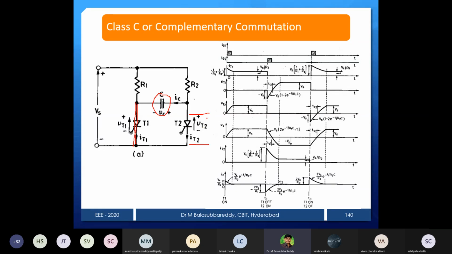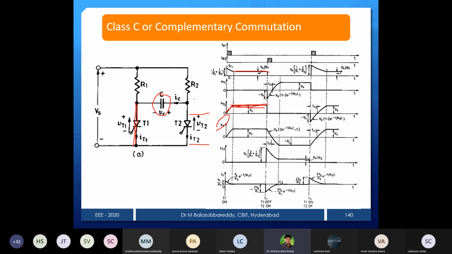So initially that voltage will be 0 and gradually it is charging. That's why we show gradual charging. Once it is charged completely to Vs, no current passes through, which means Vs by R2 will be 0. Only Vs by R1 will be there. Up to now is okay.